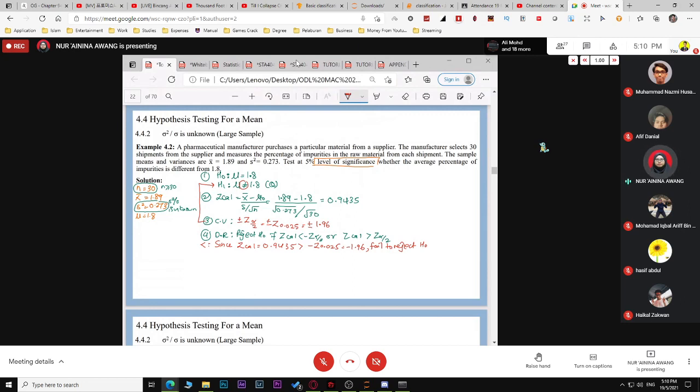So now kita tengok untuk positif lah. So untuk positif, kita kata since Z calculated is equal to 0.9435, this value is more than or less than this value? Less than.